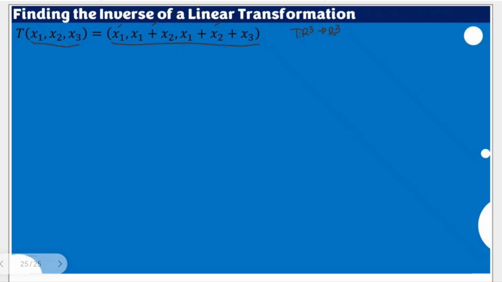Why do we use that? Because the process of solving the inverse of a linear transformation starts with identifying the standard matrix of our given linear transformation. After that, we are going to find the possibility of the inverse of the standard matrix first.